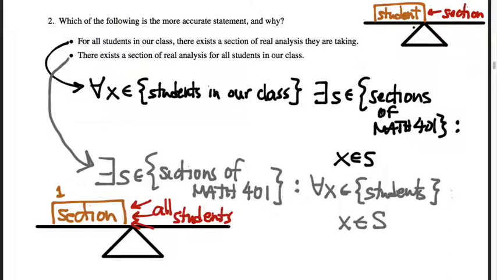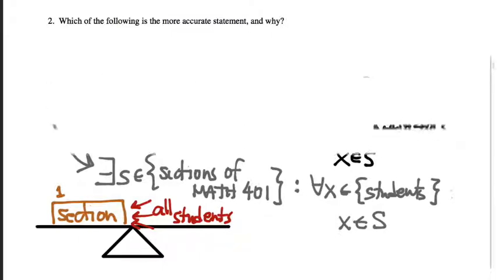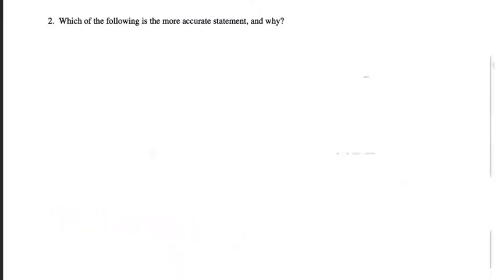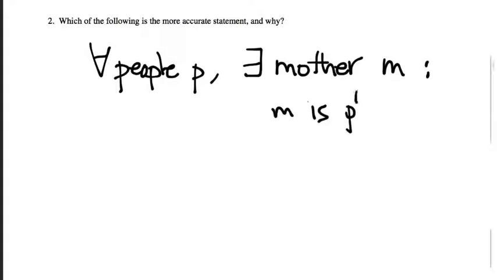I think an even simpler way to see this distinction may be to go to family relationships for a minute. And just think about the difference between the statement: for all people P, there exists a mother, biological mother, let's say, M, such that M is P's mom.